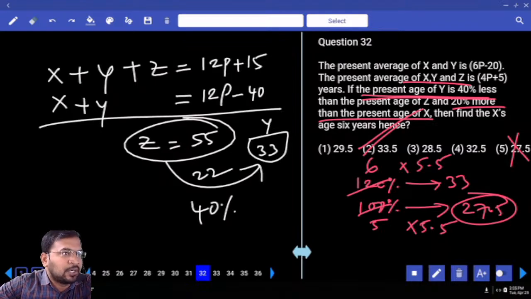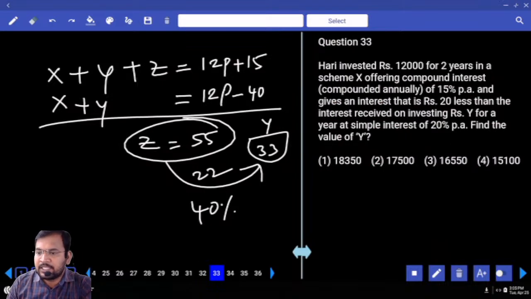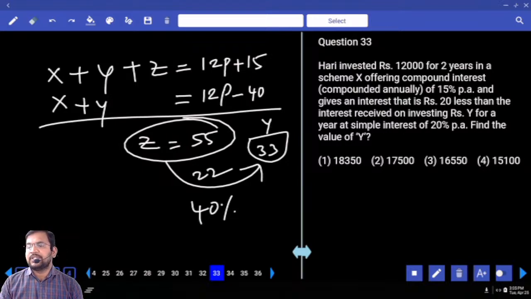Shall I go for the next question? Next one. Hari invested 12,000 for 2 years in scheme X offering compound interest of 15%, and gets interest that is 20 rupees less than the interest received on investing y rupees per year at simple interest of 20%. Find the value of y.